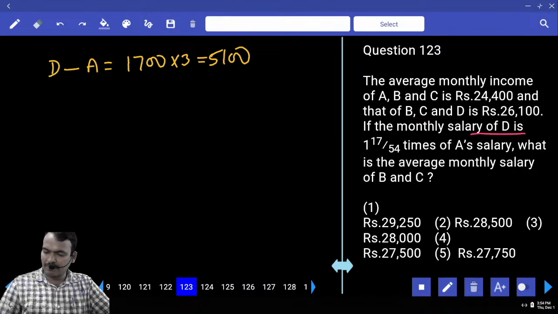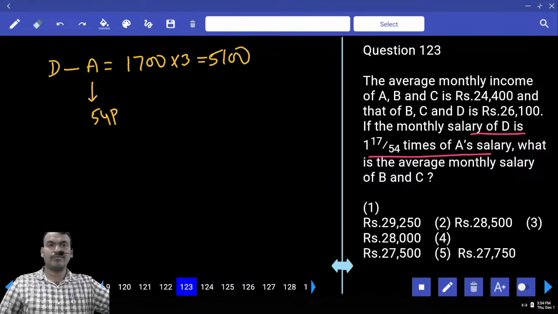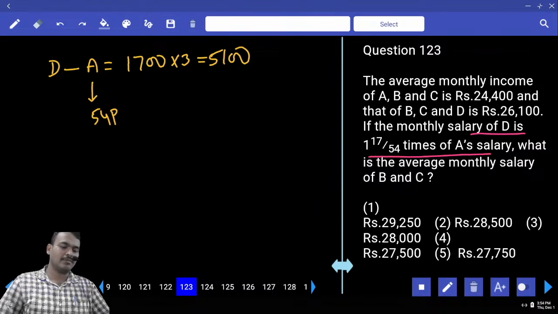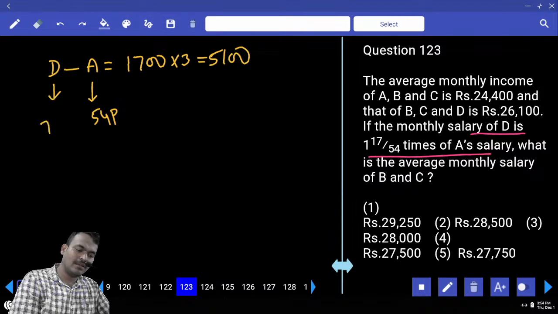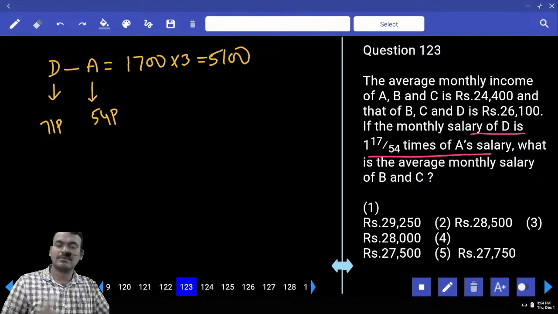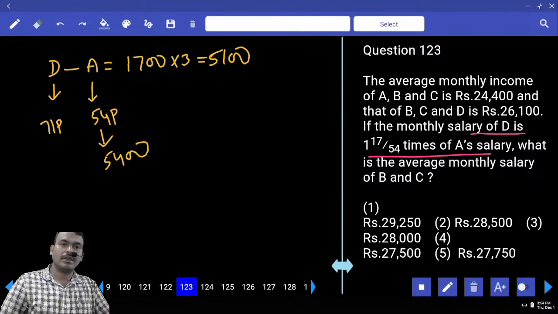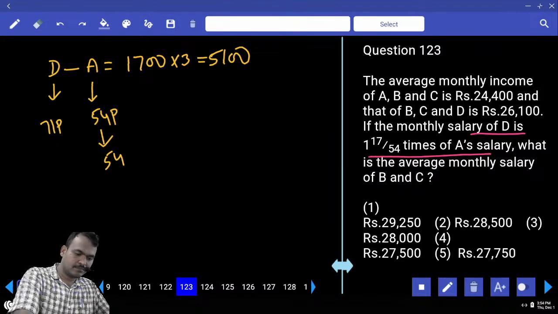The monthly salary of D is 71 by 54 times of A salary. Means A salary is how many parts? 54 parts, or not? 54 plus 17 means 71, or not? 71 and 54 difference is 17 parts, or not? 17 parts is 5,100.